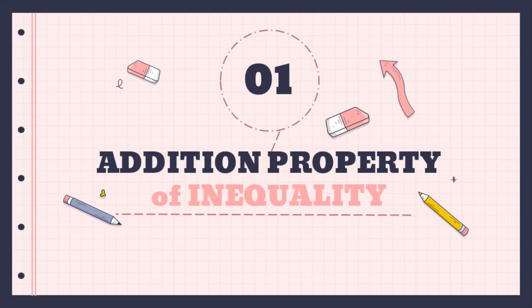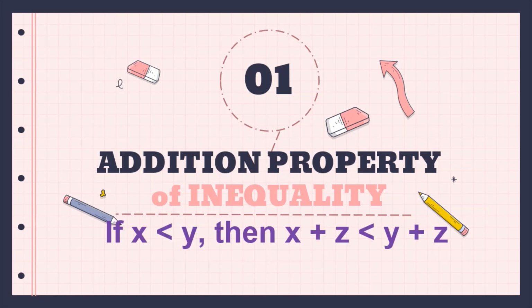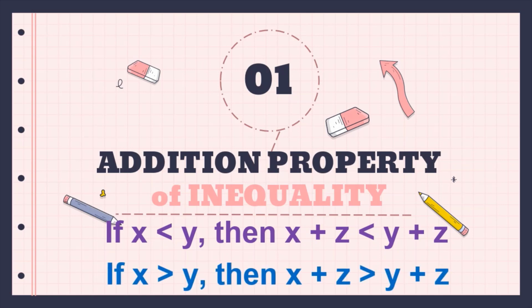So number 1 is addition property of inequality. So meaning that is if x is less than y, then x plus z is less than y plus z. If x is greater than y, then x plus z is greater than y plus z.